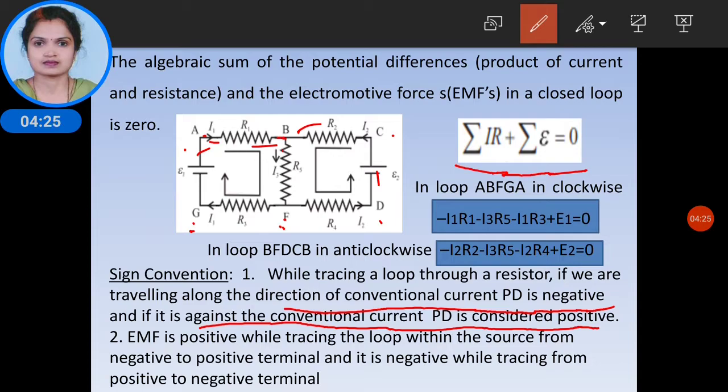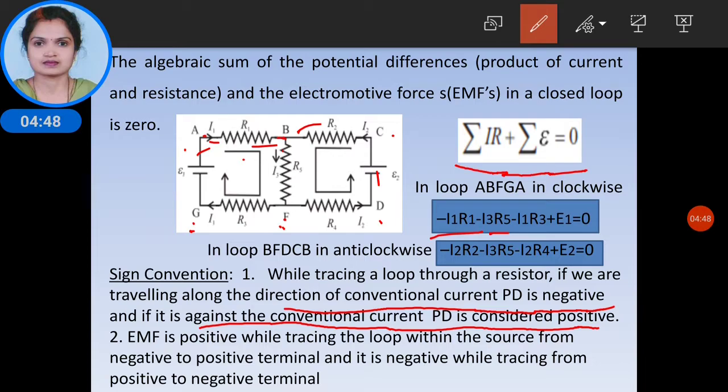So the product of I into R, that is I1 into R1, should be considered negative. So it will become minus I1 R1. Now if we go to the next branch, B to F, here current is I3, resistance is R5 and the direction is conventional current. So the product is minus I3 R5.